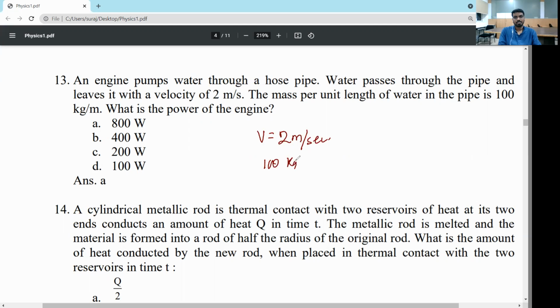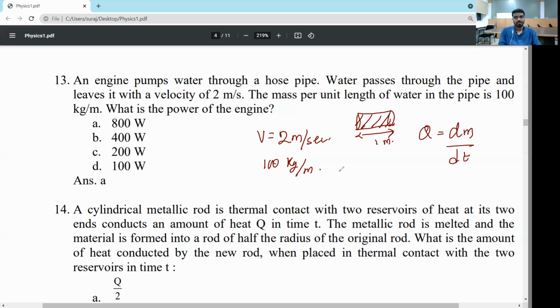So let's say there's a pipe. This is 1 meter. So I want power, right? Velocity is 2 meter per second. That means the water is traveling 2 meter in 1 second. Q is equal to what? Rate of mass, dm by dt.